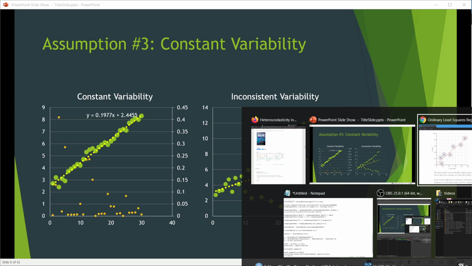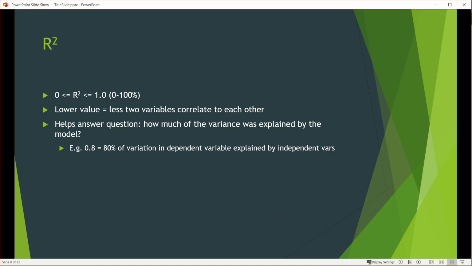Let's talk about R-squared, the value of R-squared. So R-squared is a value that's going to range between 0 and 100%. Lower values mean the less our two variables correlate to each other.